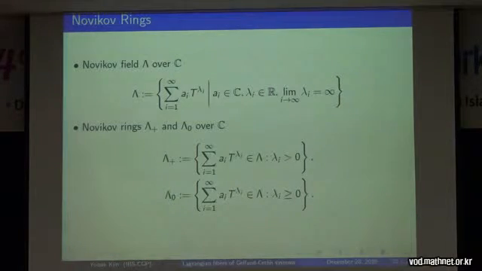So that's the area recording parameter. And then we are also going to consider the Novikov rings, Lambda plus and Lambda 0. So we are looking at the elements of the Novikov field with positive exponent and non-negative exponent.